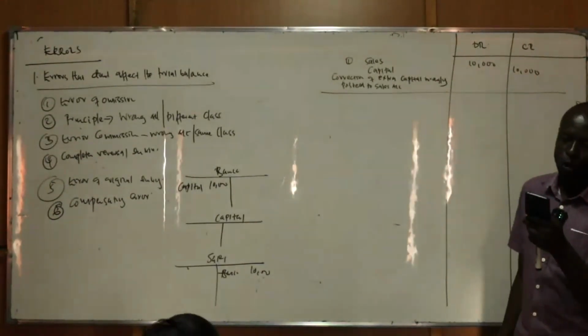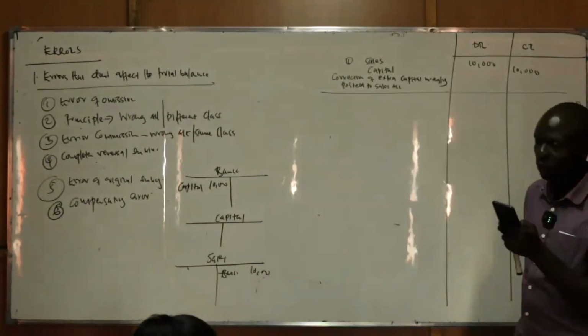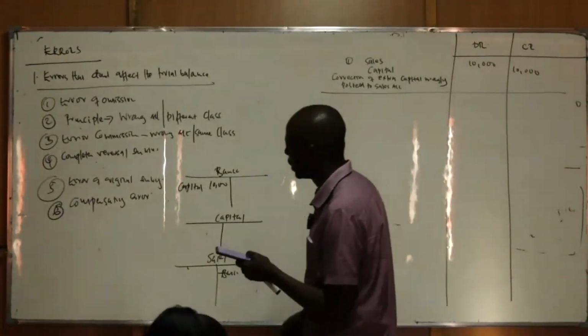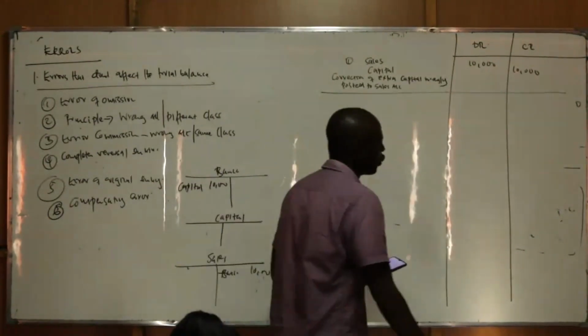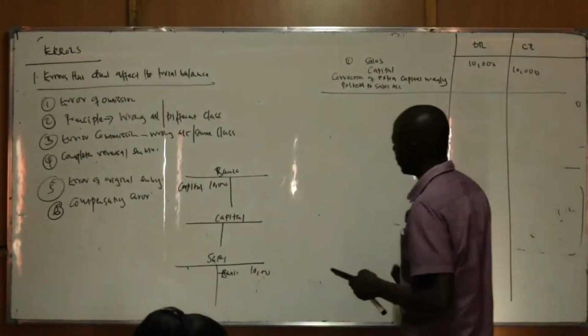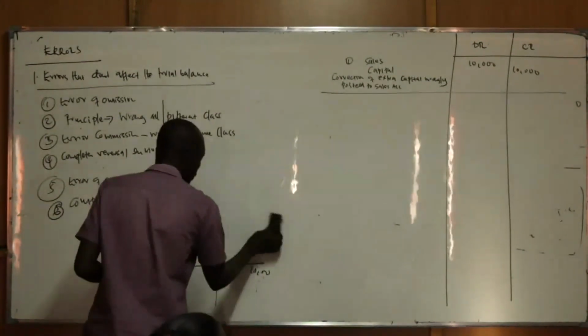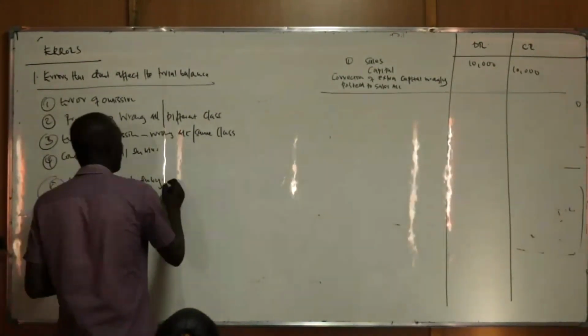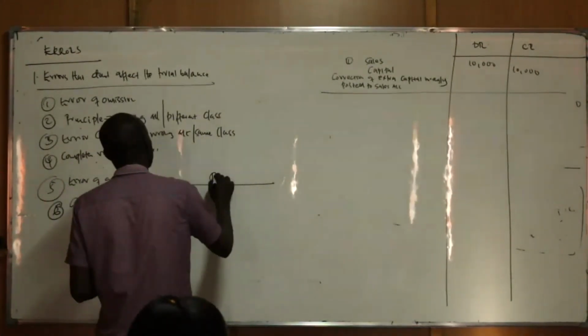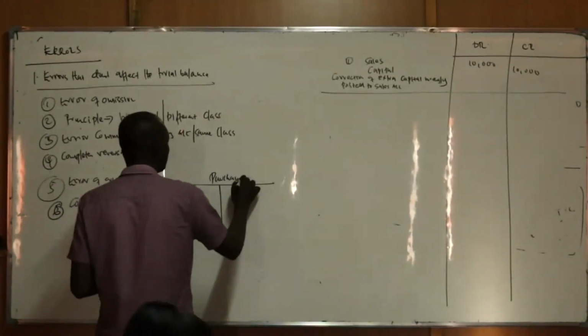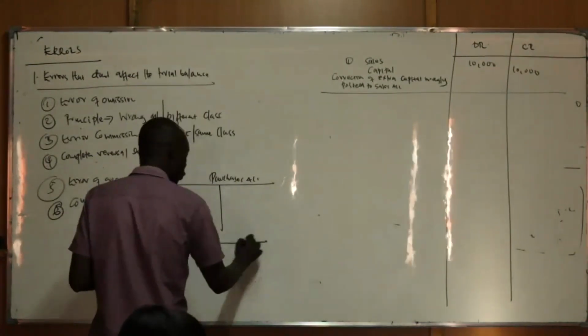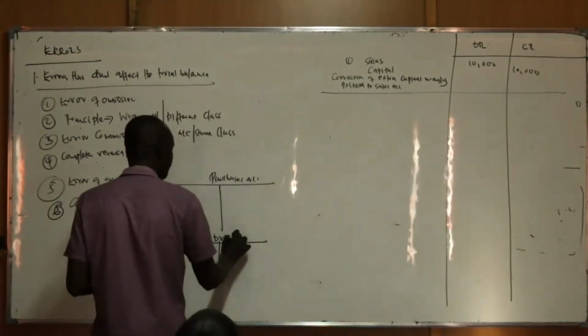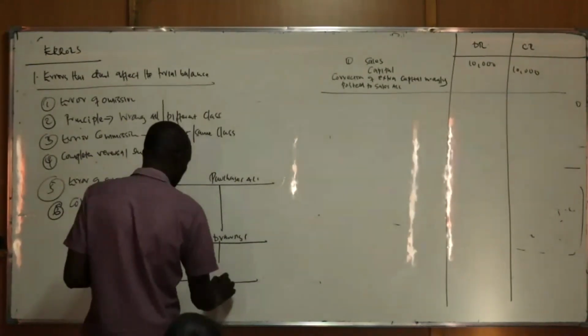Goods taken for own use of 700 had been debited to general expenses. So when you take goods from the business for personal use, the accounts involved are purchases, drawings, and here we have general expenses.